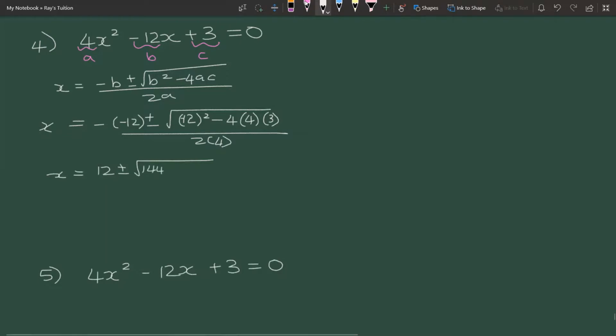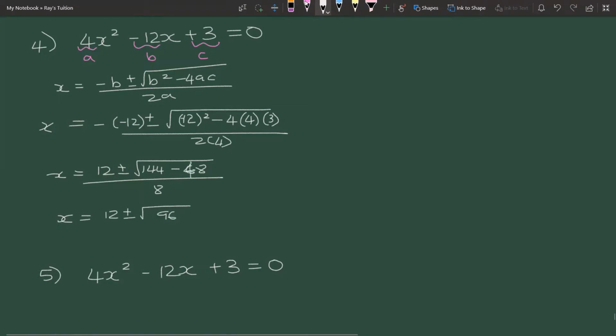144, and then that's 16 times 3. So that's 4 times 4 times 3, so it's minus 48, all over 8. So then x is equal to 12 plus or minus the square root of 144 minus 48 is 96.